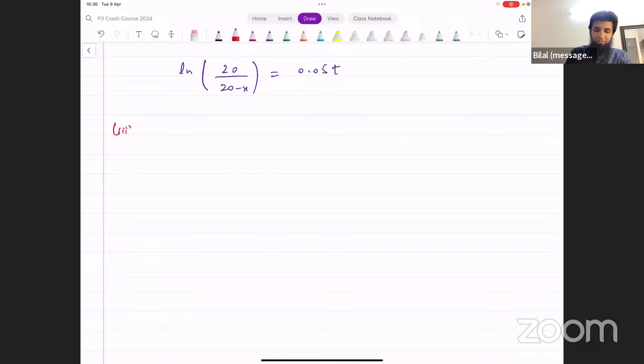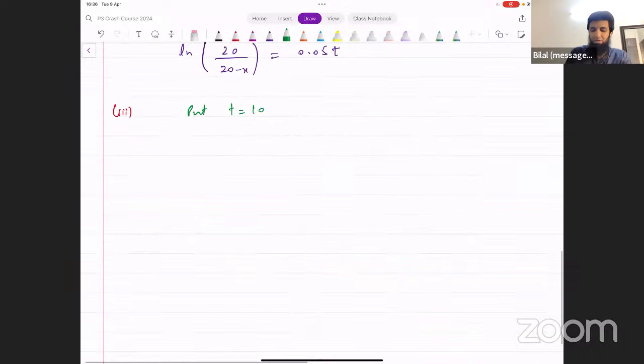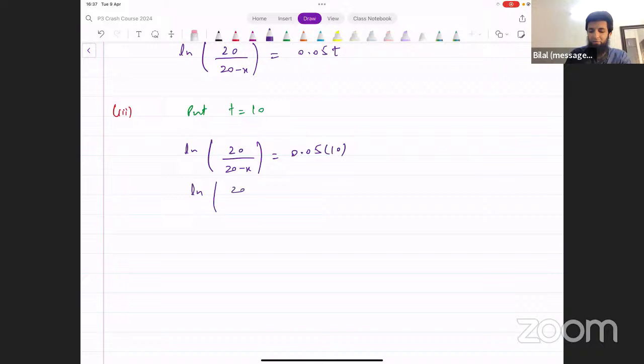Part 3, you put t equal to 10. What does that give you? ln of 20 over 20 minus x equals 0.05 multiplied by 10. And that becomes ln of 20 over 20 minus x equals 0.5.